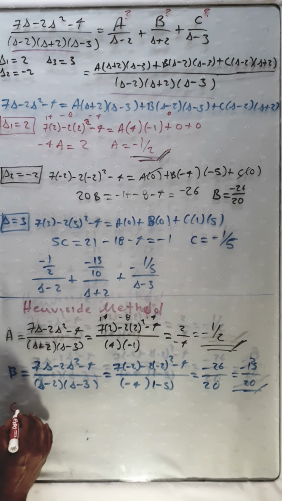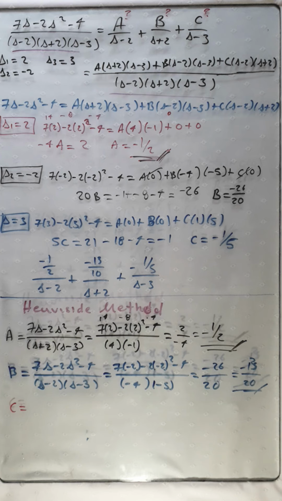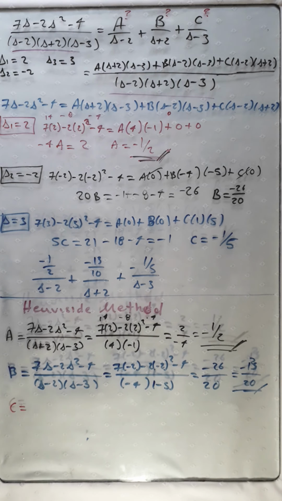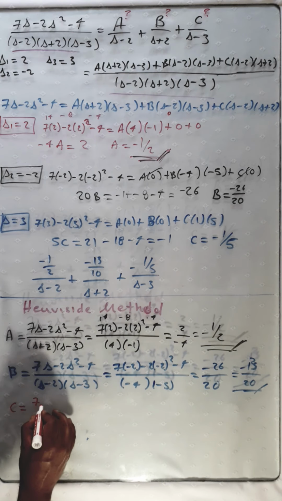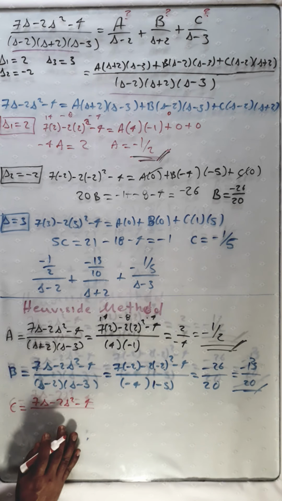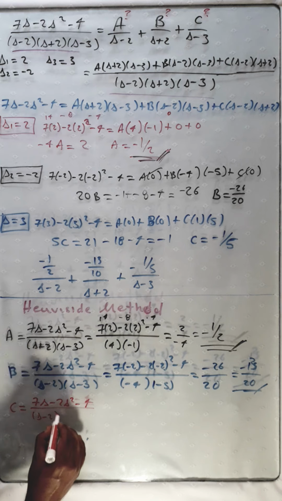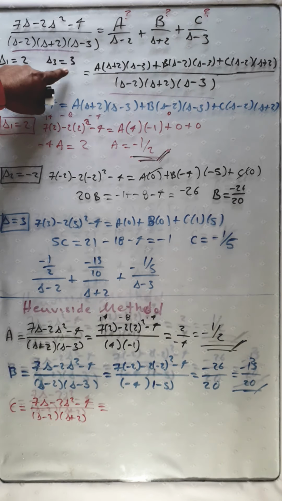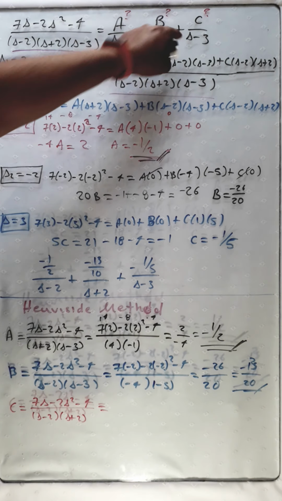The last one is c. The value of c is, for c is divided by s minus 3, so you remove s minus 3, so it's going to be 7s minus 2s squared minus 4 over s minus 2 and s plus 2. And then you replace the value of s equal to 3 because that is the root for the c.